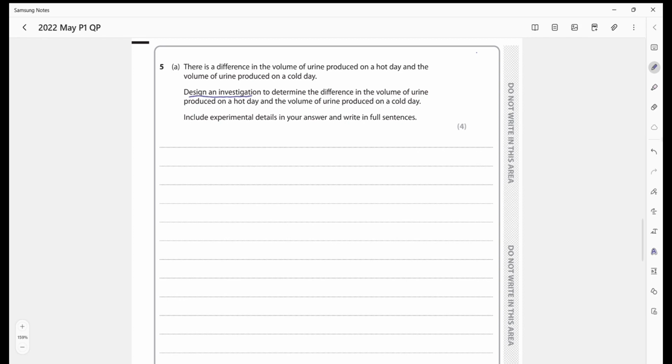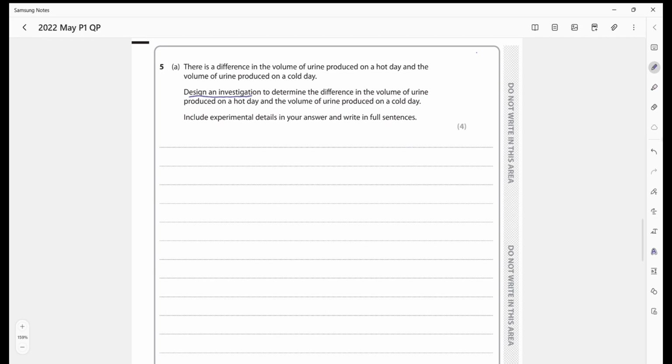So whenever it comes to designing an investigation, we want to look at the independent variable, the dependent variable. We want to look at the control variables, although it doesn't really mention any control variables on the marking scheme. You want to make sure you repeat the experiment, because the more repeats that you do, the more reliable your results would be. And lastly, you want to compare the values.